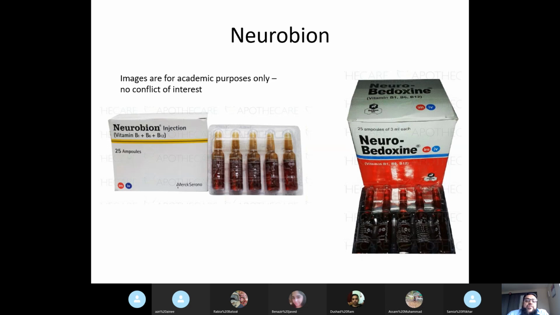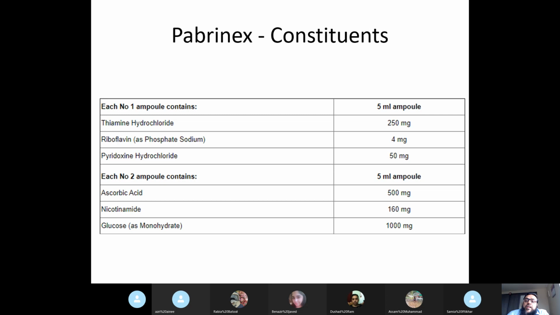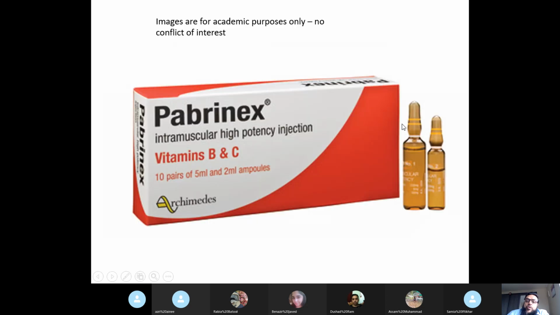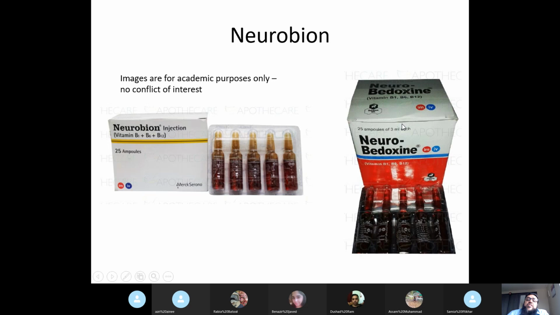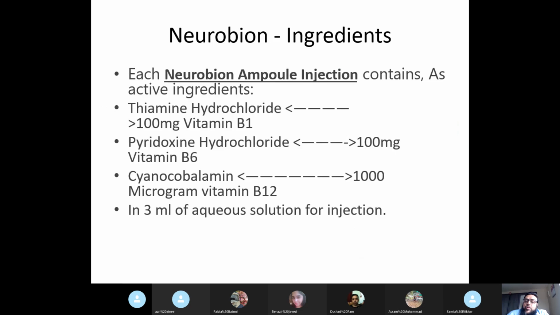Now we will check how much. At least you will need 100 milligrams TDS as a dose. We were giving 250 milligrams TDS in the form of Pabrinex, so we'll see whether we are giving the same amount in Neurobion or not.